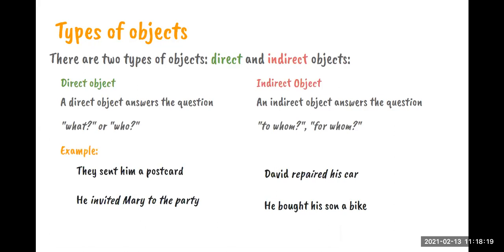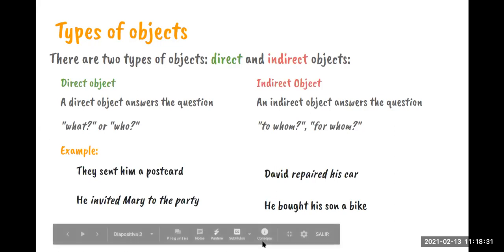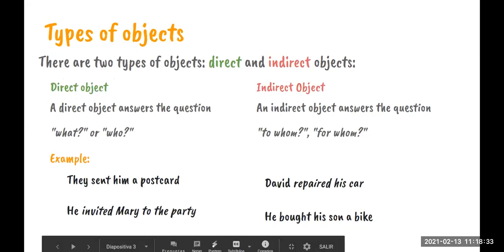Number one, they sent him a postcard. I want you to raise your hand if you know what kind of object we have here. Christian. Indirect object. Why?